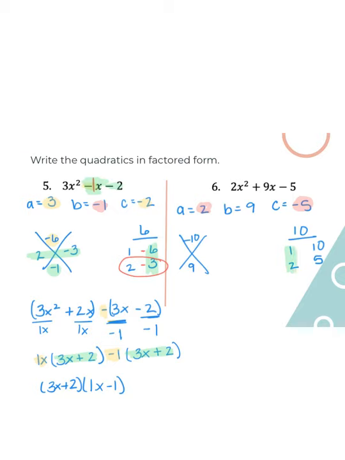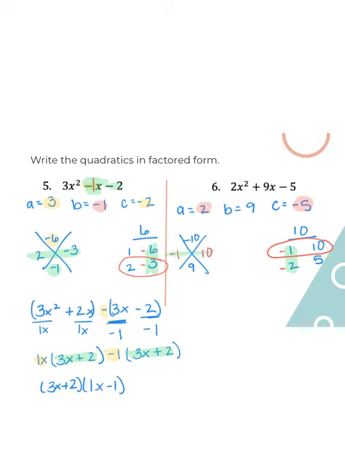The smaller of the two numbers is going to be negative. Either this one's going to be negative or this one. Well, they both could be negative, but we're either going to use the negative 1 and 10 or the negative 2 and 5. Well, if we want to get to a positive 9, negative 1 plus 10 will give you that positive 9. So I'm going to say negative 1 here and 10 here.